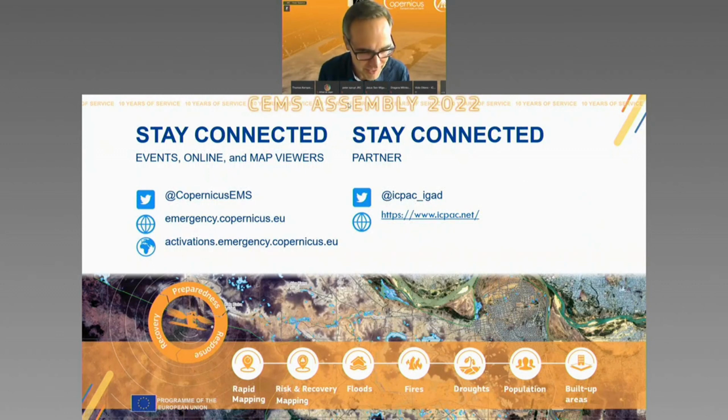Now this is really, I find a very great example of not only usage of products through EMS, but actually even more a knowledge transfer of building up a regional system based on some of the aspects that we have in the Global Drought Observatory.